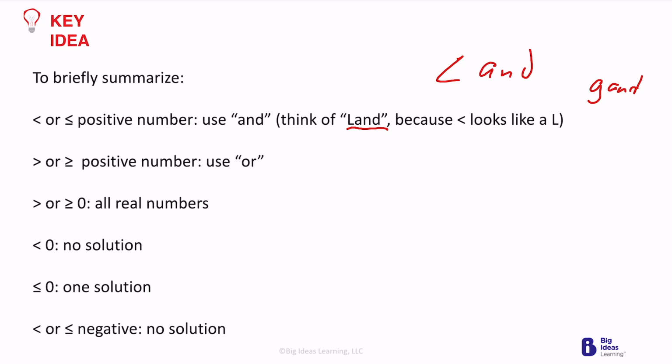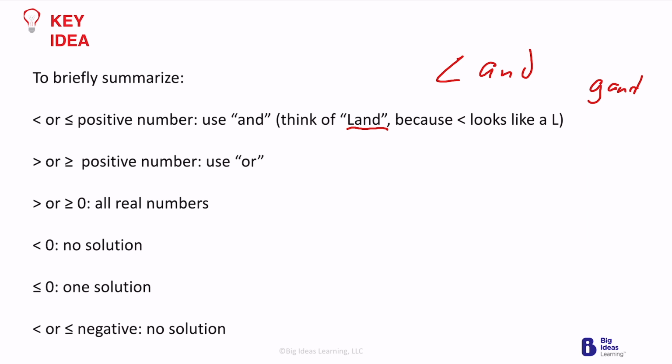And now comes the ones where it gets a little easier to work with. If your absolute value is greater than or greater than or equal to 0, it's all real numbers. Because that's saying that distance is more than 0. That's everything. Everything is more than 0 away from that. However, less than 0 is no solution because you're saying the distance is a negative. Remember, absolute value says distance cannot be a negative. So if your inequality has less than 0, no solution.